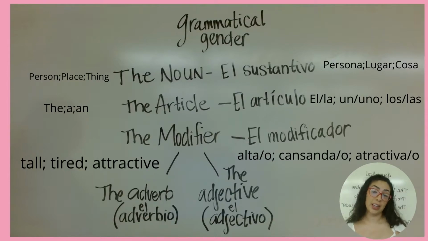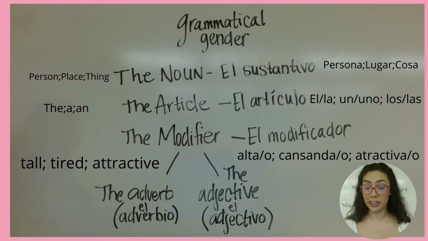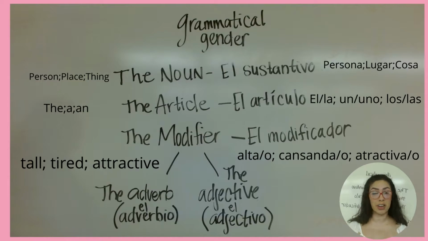So the in English can be an article to refer to a noun without talking about the grammatical gender of the noun. And remember, we're not talking about pronouns here. Not touching pronouns in this video. So el artículo, the in English, is el o la, a is un or una, and if you're talking about plural nouns, los o las.